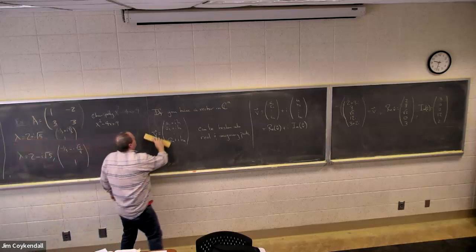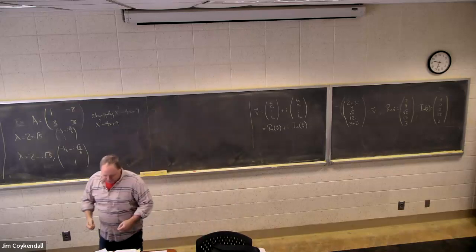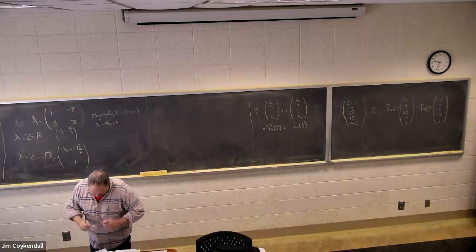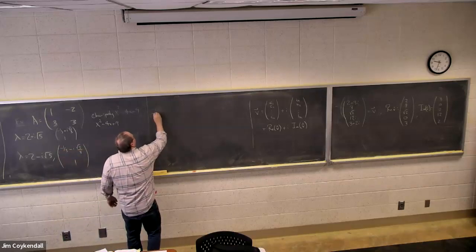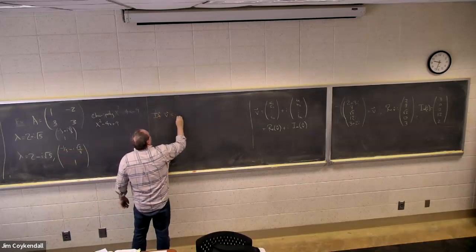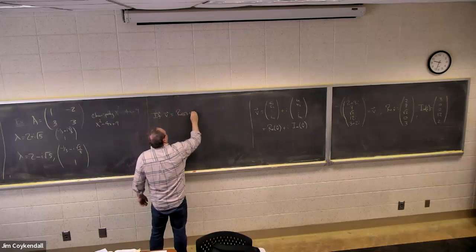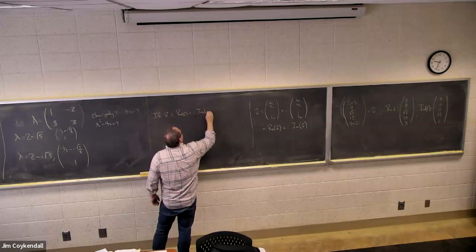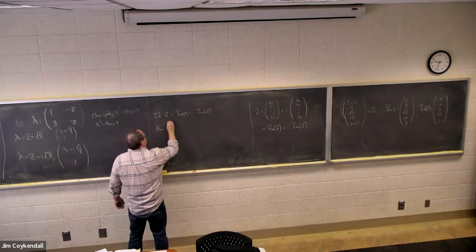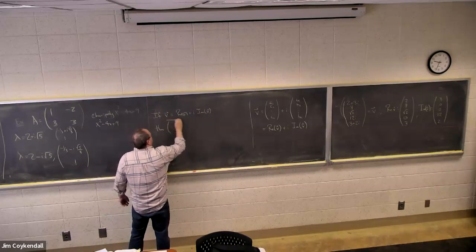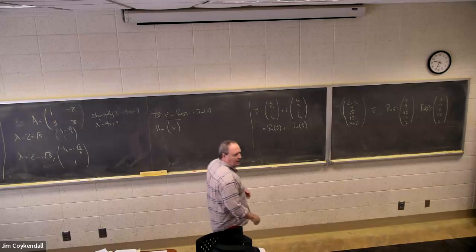Let me also make another observation. If V is equal to real V plus i times imaginary V, then the complex conjugate of V. Anybody seen this notation before?